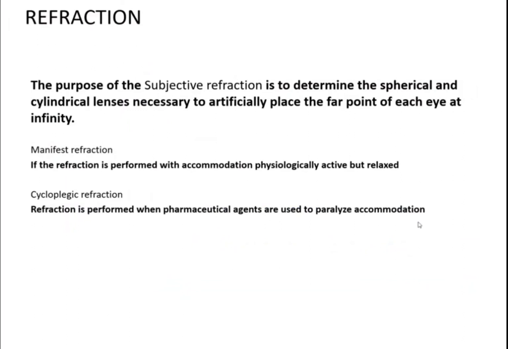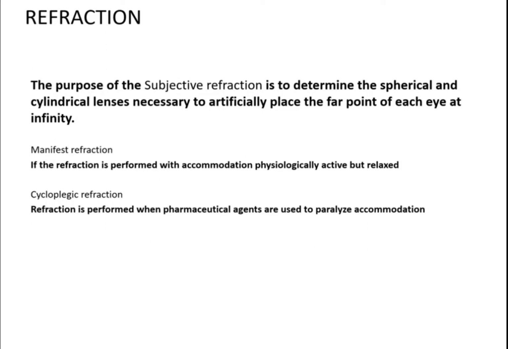It can be some kind of gel, or eye drops that's used to numb or stop the accommodation, and that measures the refraction without any contribution of accommodation from the lens.